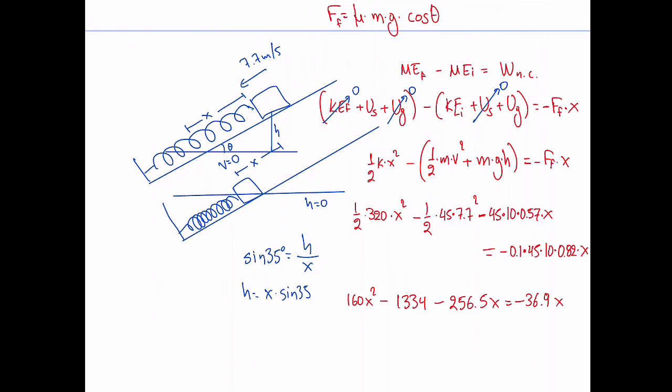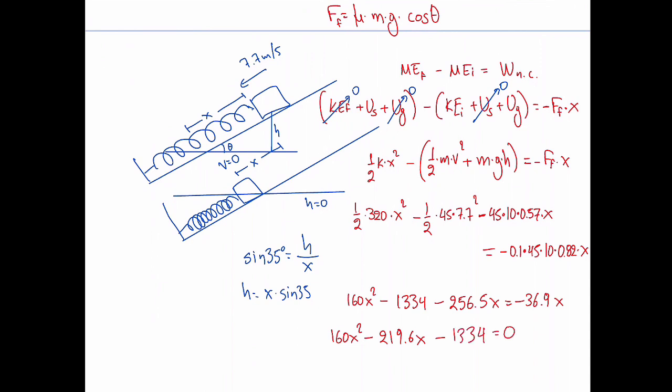So we have a quadratic equation, 160x squared minus, we get the value minus 256.5 plus 36.9. If we bring that term to the other side, this is minus 219.6x minus 1,334 is equal to 0.